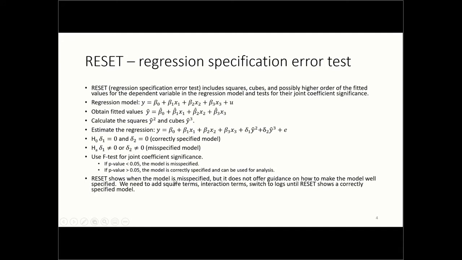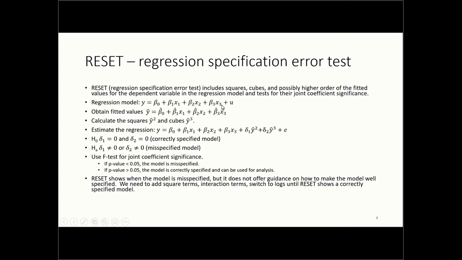Again, this is just a test. If you have the original model and then you have the predicted values squared and the predicted values cubed, we do not want these coefficients to pick up any new information, because if they do, perhaps it's because some of the terms need to be squared.